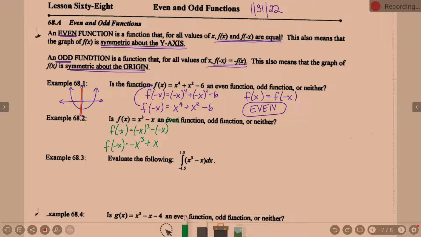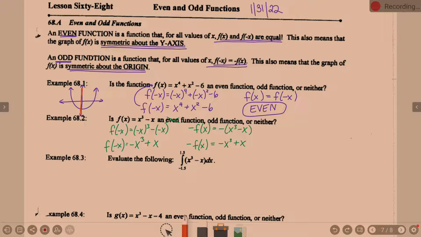So now I'm going to find negative f of x. Do you remember what negative f of x means? Yeah, multiply the whole equation by negative. Basically, you're taking a negative and distributing it to each term. So then I end up with negative x cubed plus x.